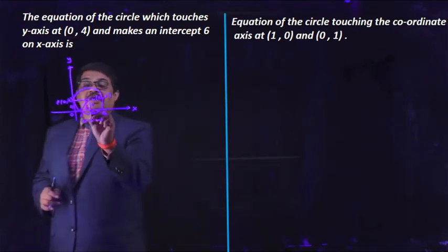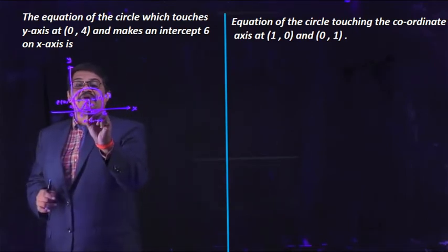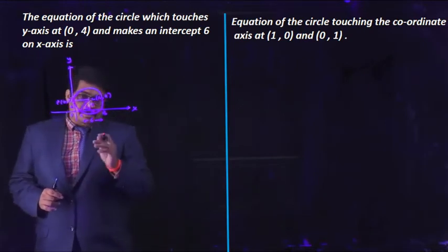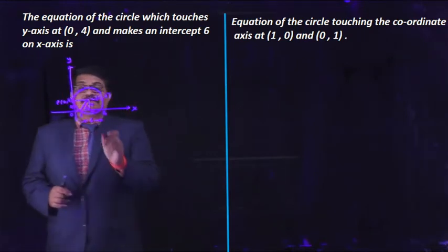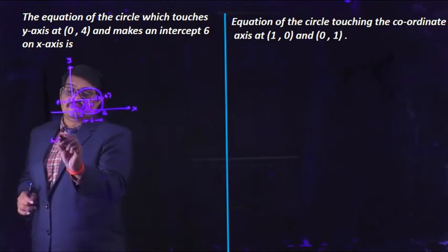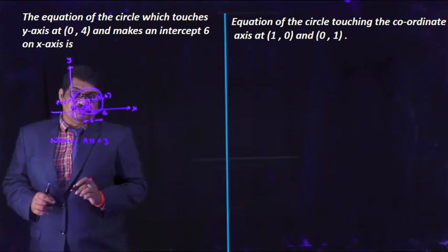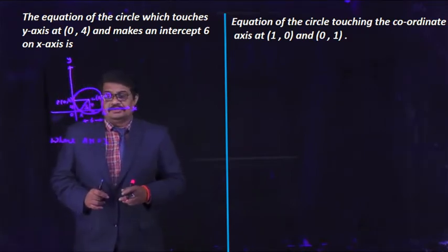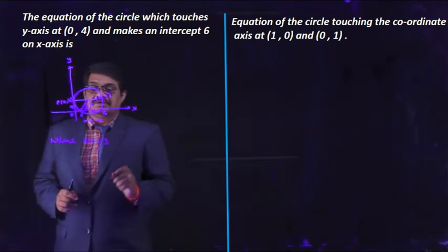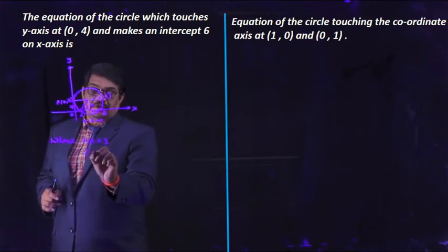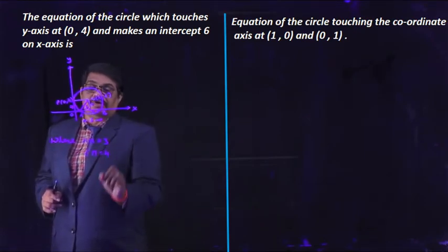It is a right angle triangle. This triangle ACM is a right angle triangle. AM is the length of the chord. AM is 3 units and CM is 4 units.